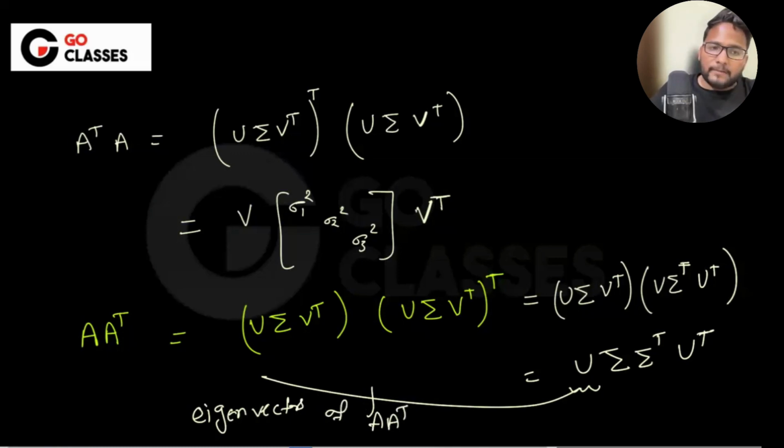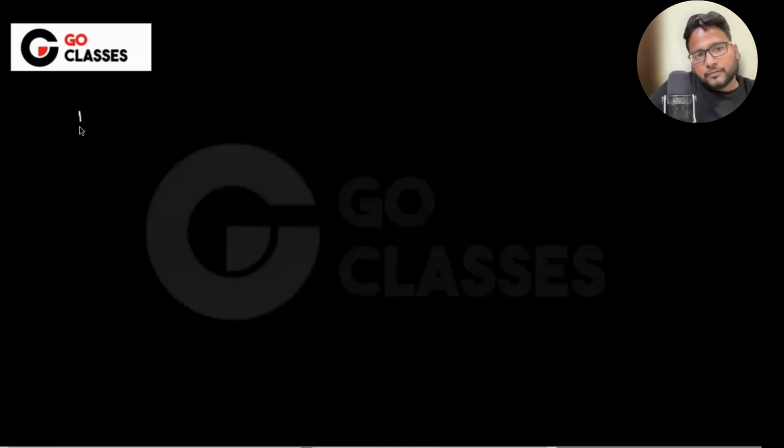So basically, if you have A, and you want to decompose this into U, sigma, and V transpose, then how to do it?